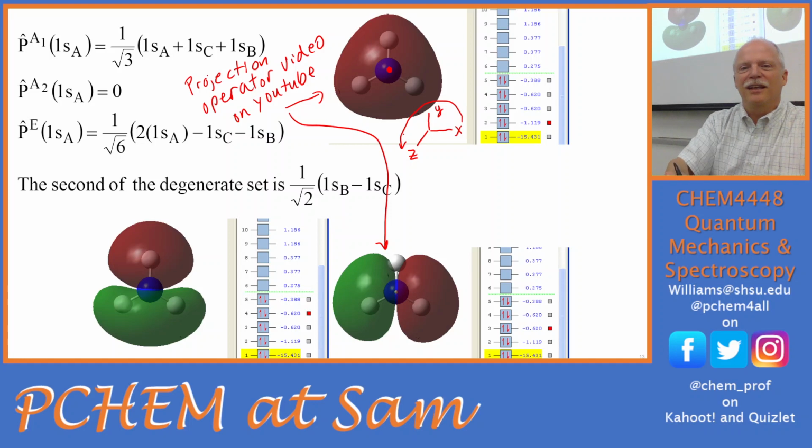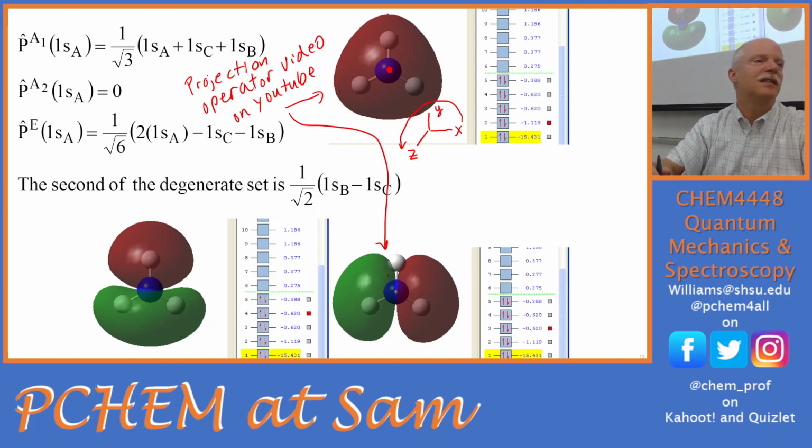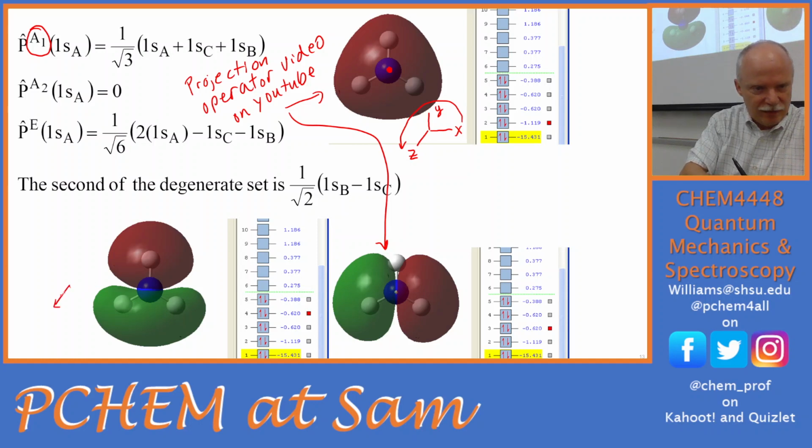Okay, so notice that this cloud is symmetric in all directions. It's the same color going in Z, the same color in X and Y, and so it's going to be top row. And so that's why this one is an A1 orbital, okay? But notice down here, I have the Z-axis coming out, X here, and Y here.